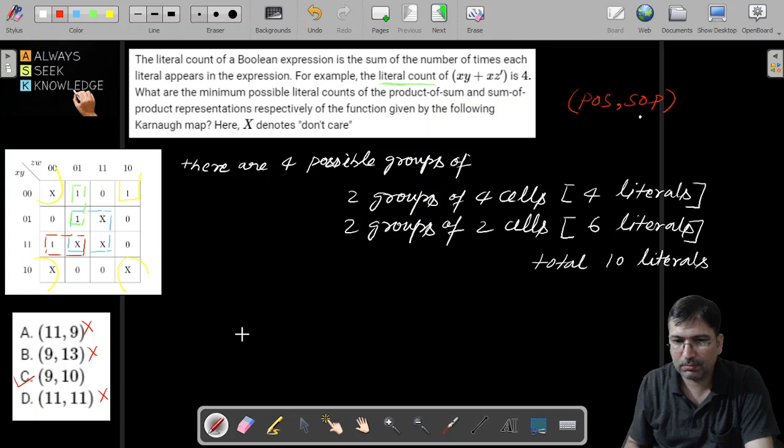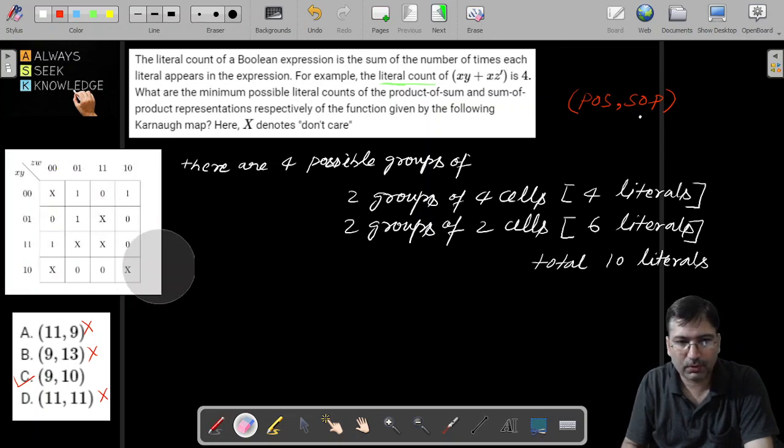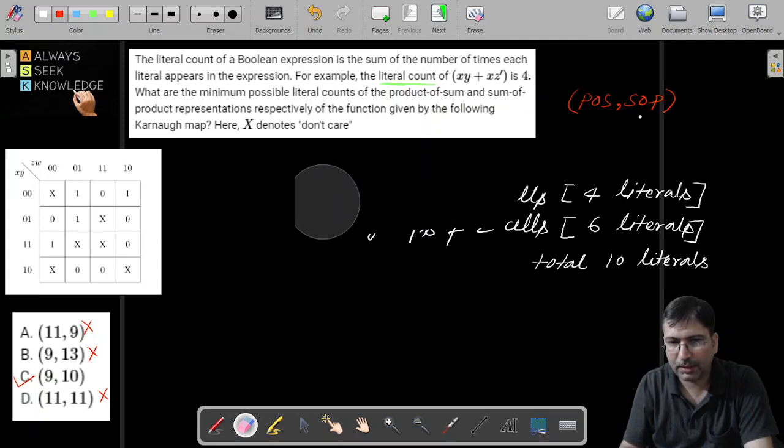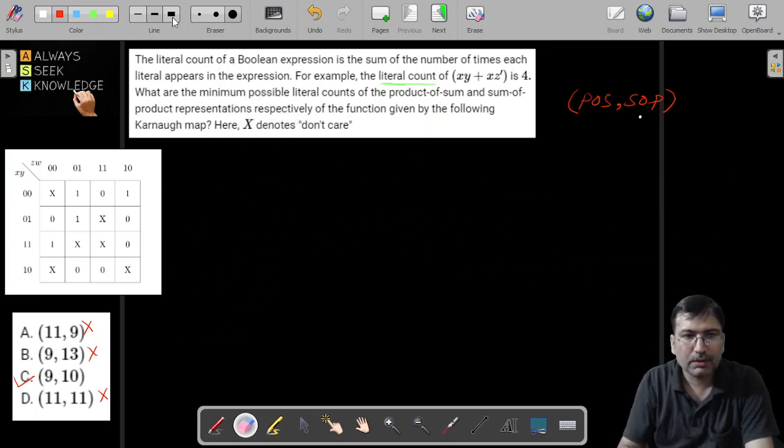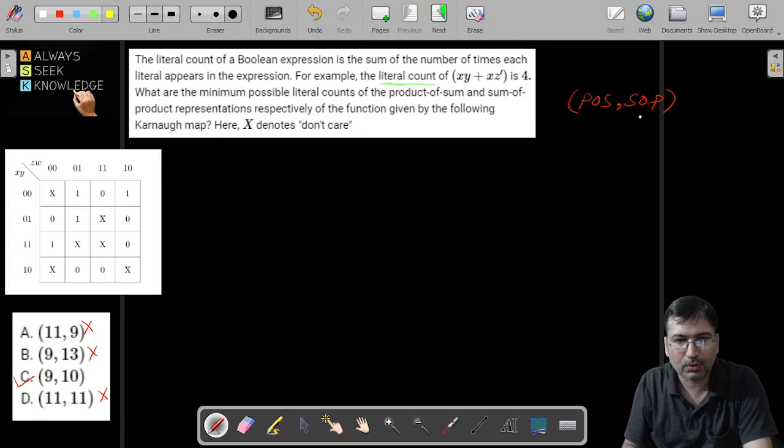So let's try to find out the total number of literals in POS also. So let me clear the board and we form the groups. You can solve it further. I'm just solving it quickly. Okay. So let's do it. Again, I will form the group, and this time we will try to form the groups of zeros, right?